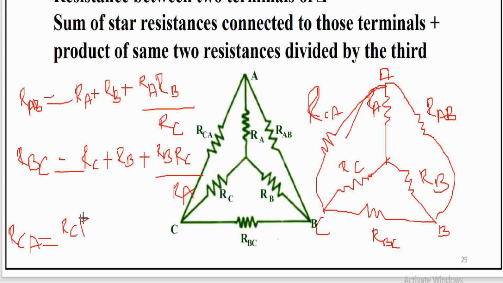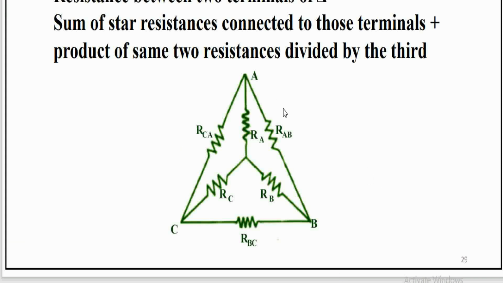So RC plus RA plus RC into RA, divided by the opposite for this RCA, which is RB. So this is the way to write the equations for star to delta connection.